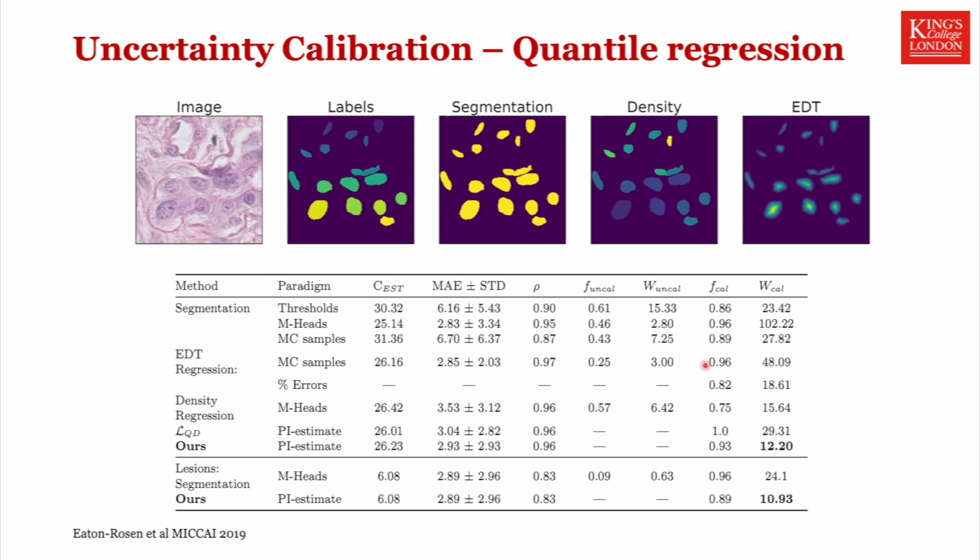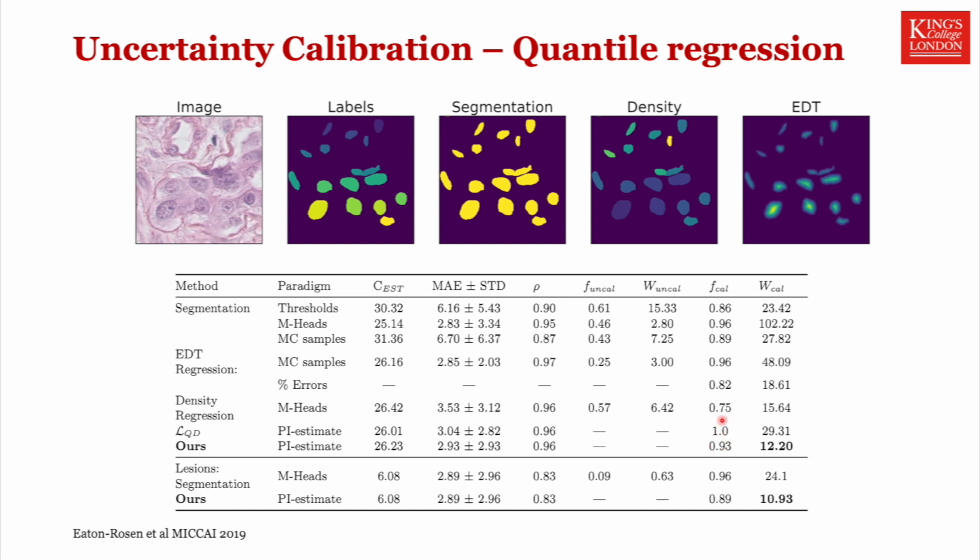And the results that you care about are the ones that are in the last two columns. So fcal is how well calibrated the method is, and you would want it to be equal to 0.95 because they were calibrated to have a 95% coverage. So in this specific setting, for example, this one here, the 0.96 or the 0.96 or the 0.93 are roughly the best results.